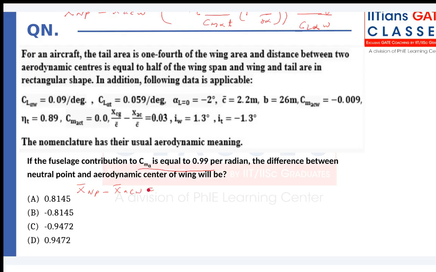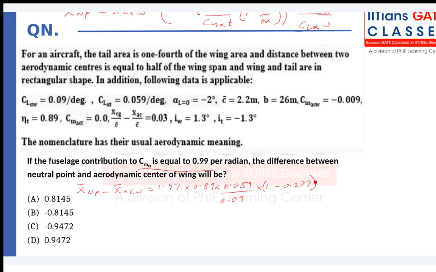VH we got as 1.47, I'm just going to take that value and proceed. And eta is 0.89, 0.059 by 0.09, and 1 minus 0.277. Correct? So this was the first term.